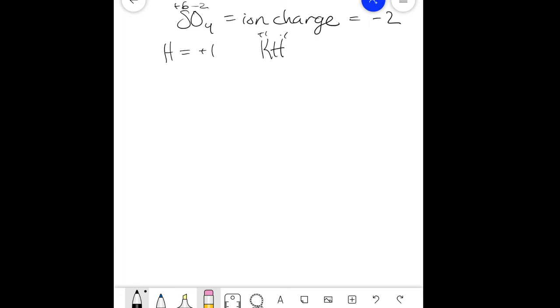So most of the time, it's going to be just the element's normal charge. You just have to be careful with things like nitrogen, sulfur. That's an example that comes up a lot. Those are going to be iffy because they can vary.